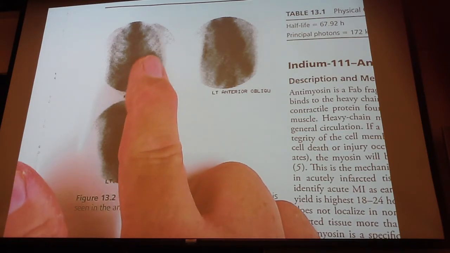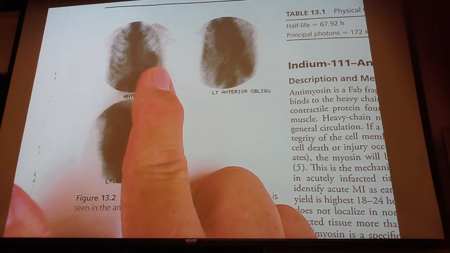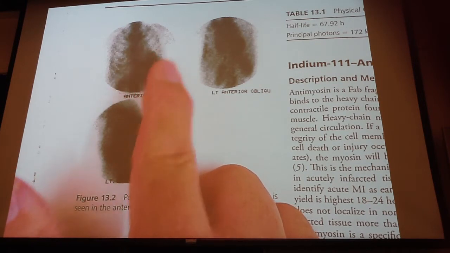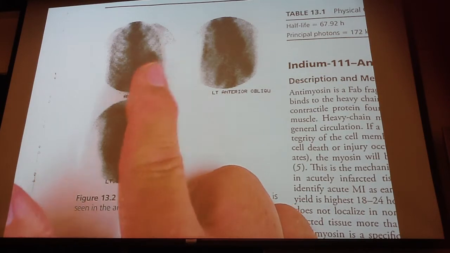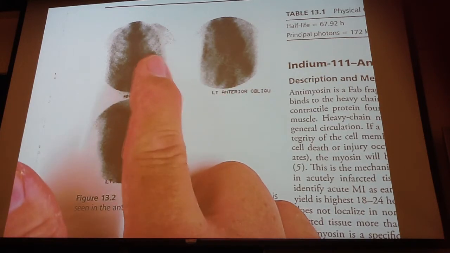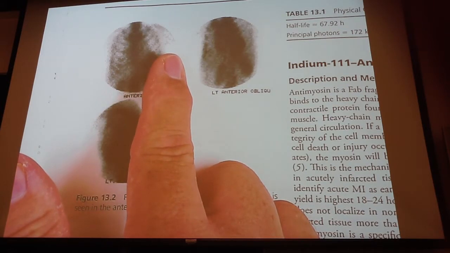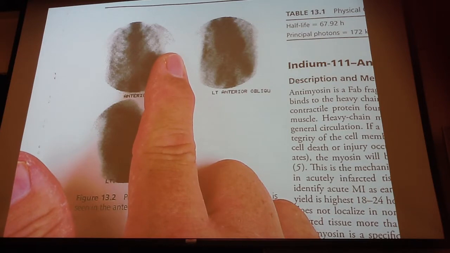This is actually dead mitochondria that are starting to be calcified as part of preparing scar tissue. That scar tissue is the same stuff that bulges out on a MUGA study, which would give us an abnormal phase analysis.